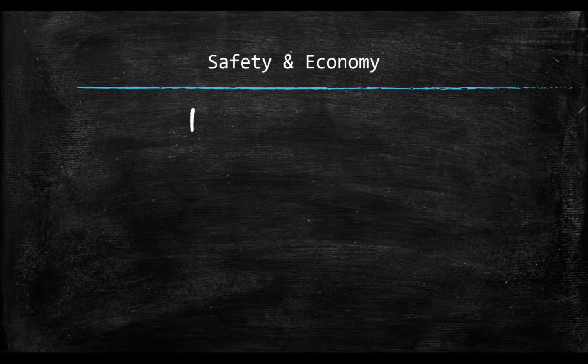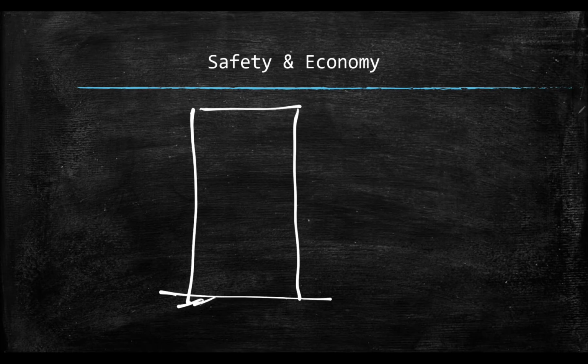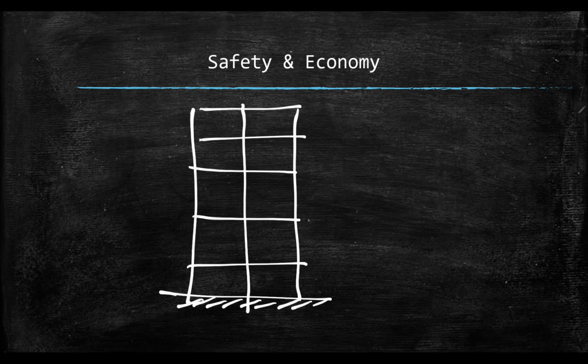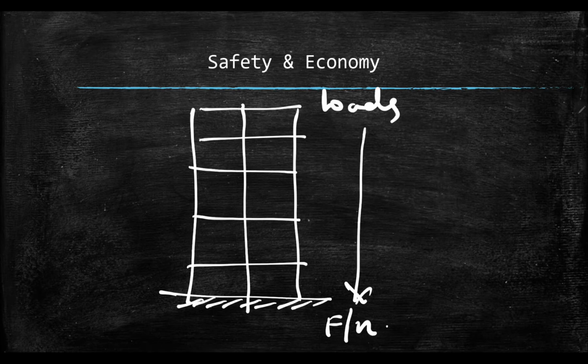As most of the structures today are frame structures, I am taking a frame structure as an example. As I told you, the loads will be coming on the floors and have to be transferred to the foundation, and you need to achieve two important things, safety and economy.